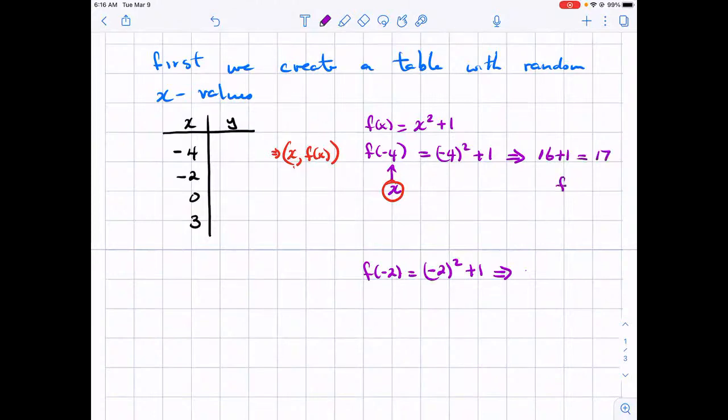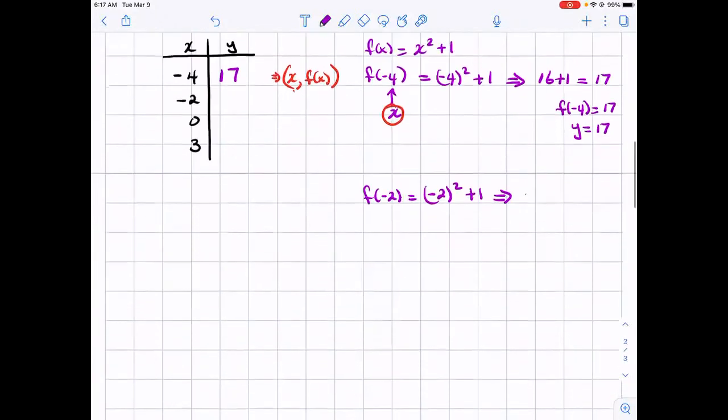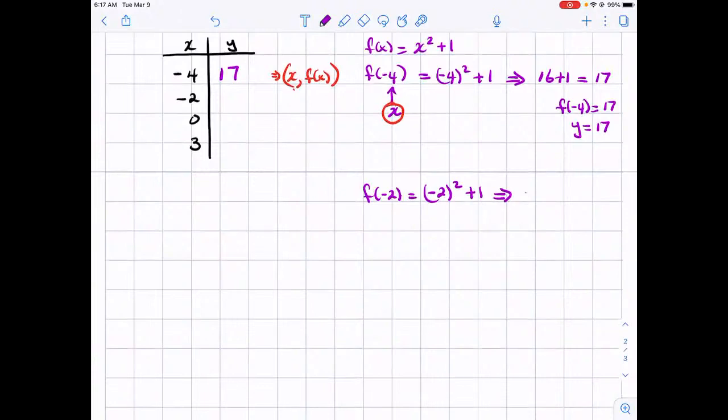So my f of negative 4 is equal to 17, which is the same as the y value. This is your y value. So this here is 17. Now, this becomes 4 plus 1, which is equal to 5. So f of negative 2 is equal to 5, which is the same as what we used to say y is equal to 5.